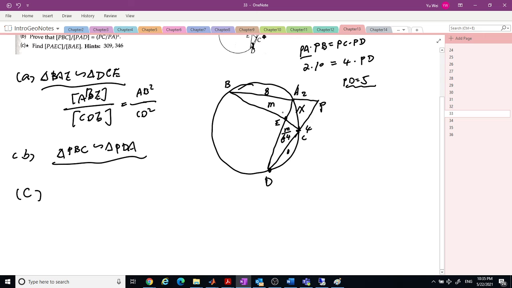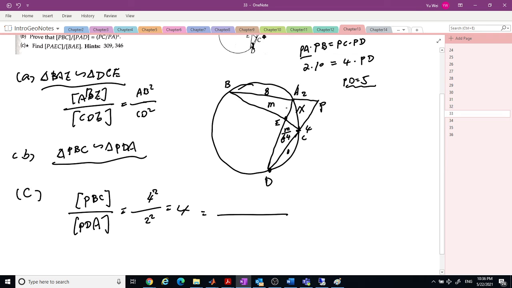Now we know the triangle PBC over triangle PDA is equal to 4 square over 2 square, which is equal to 4, right?